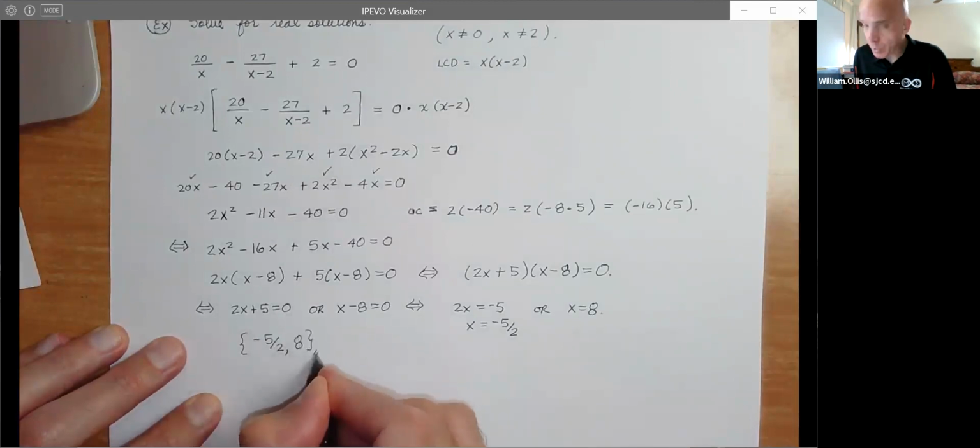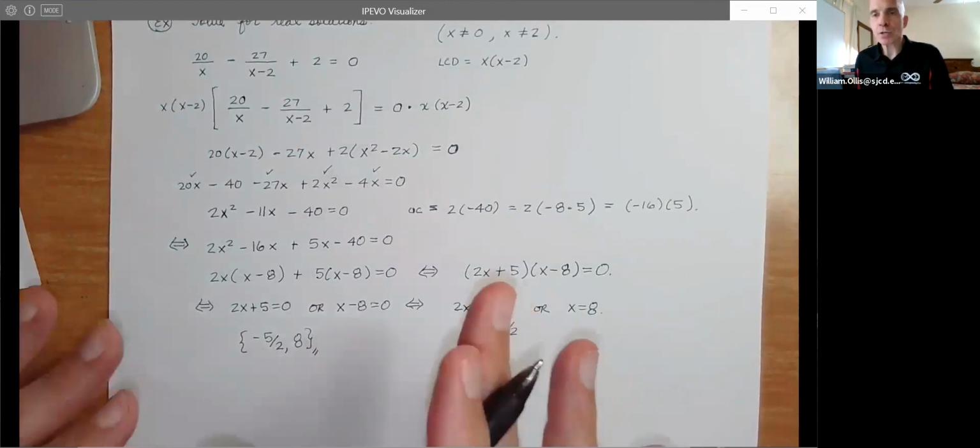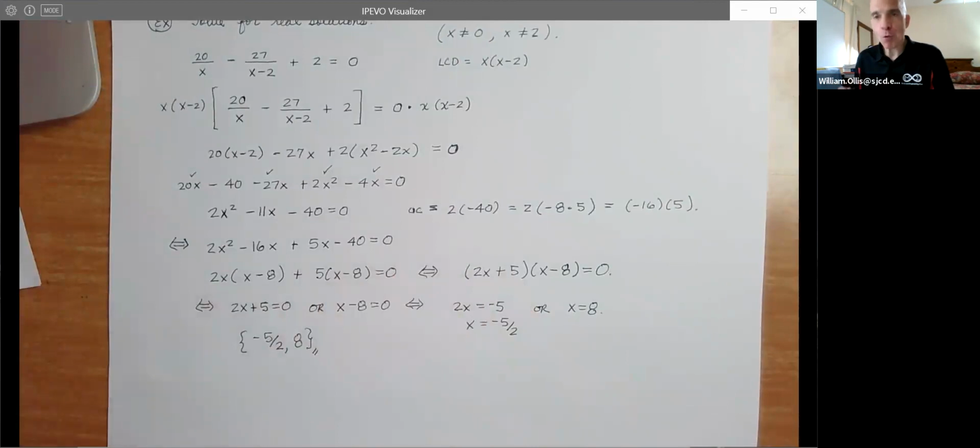Now, of course, remember in WebAssign, all responses are to be exact. And if they ask for formatting, you always have to look to see how they want you to type the actual response. Do they want you to separate by commas? Are they going to say x equal and have a box where you separate the actual zeros by commas?